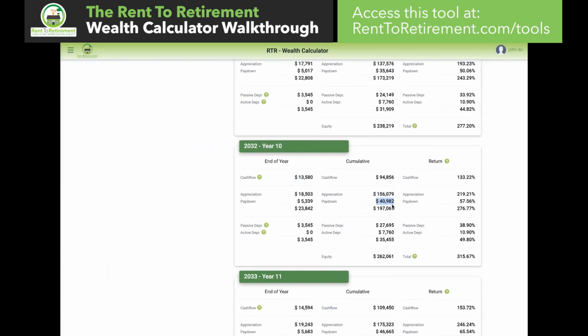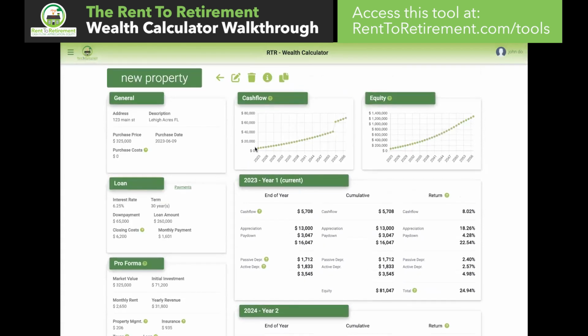Again, that's not speculative. That's based on actual amortization scale on your fixed principal reduction payments. And here's your total equity just from appreciation and debt pay down. In addition, you add in your overall down payment as well. Let's look at assumptions. That's what these graphs show here.